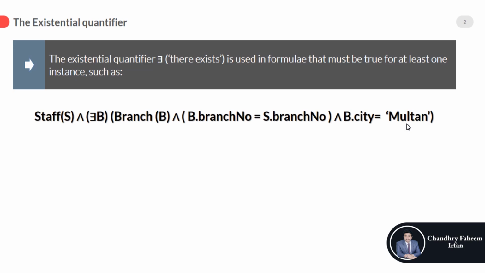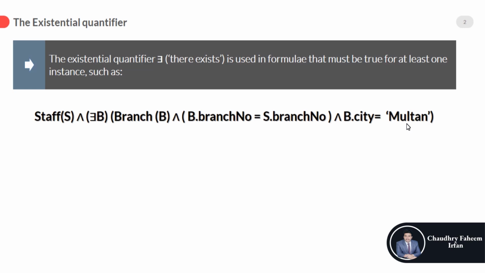So select staff members where the branch is equal to the staff's branch and the branch city is equal to Multan. It means we are going to select staff, our employees, from the Multan branch.